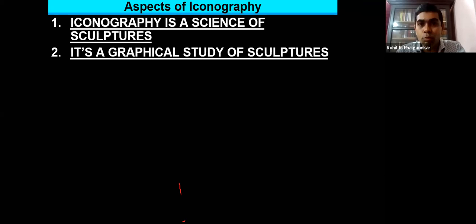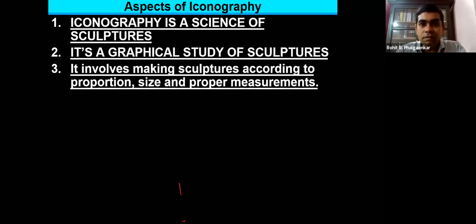It does not go out of proportion. Otherwise, you will have something which appears to be very funny, something which does not have a very realistic image. Again, it involves making sculptures according to proportion, size, and proper measurements, as I've said.